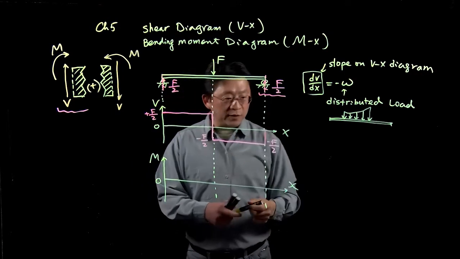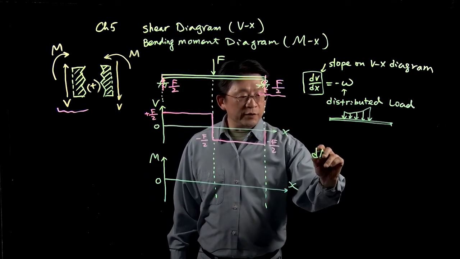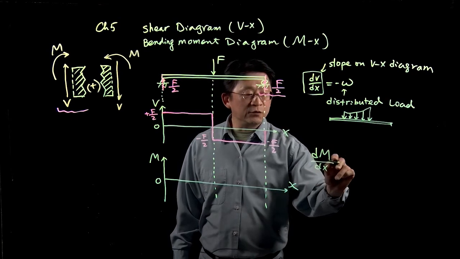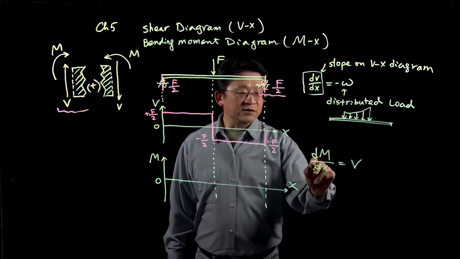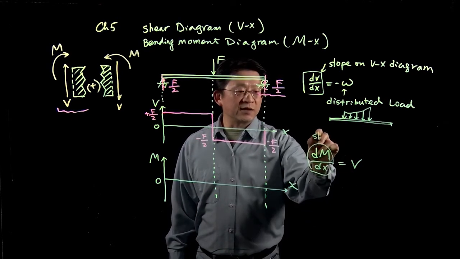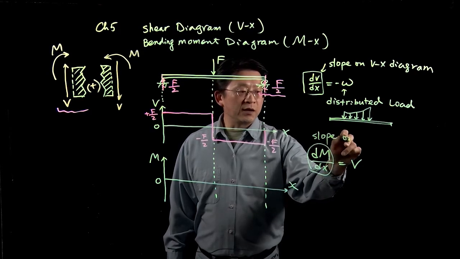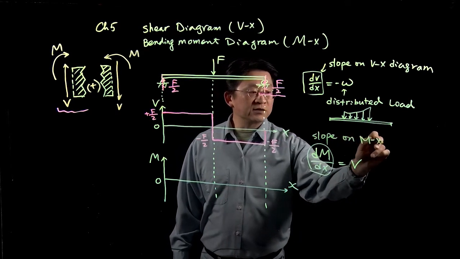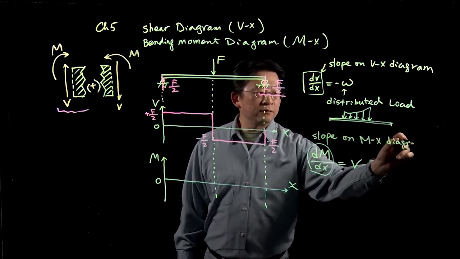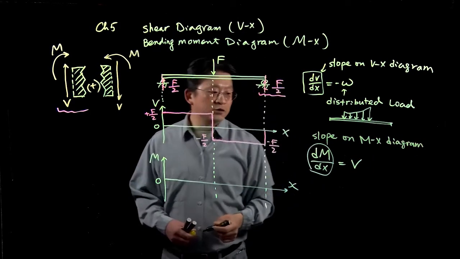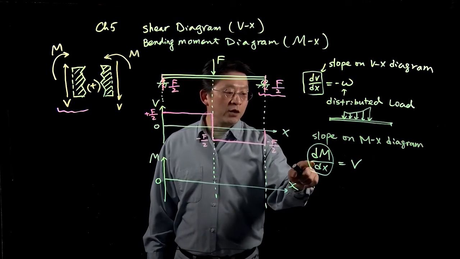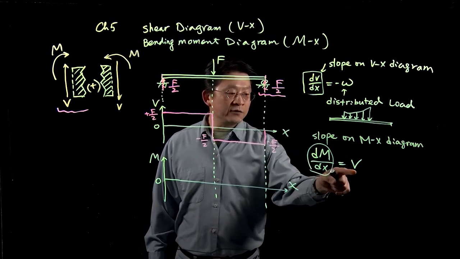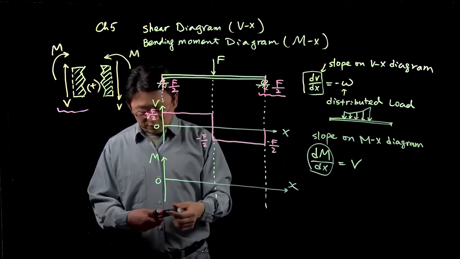For the bending diagram, the relation is dM/dx equals V. This says the slope of the M(x) diagram equals the value of V. We start from here.